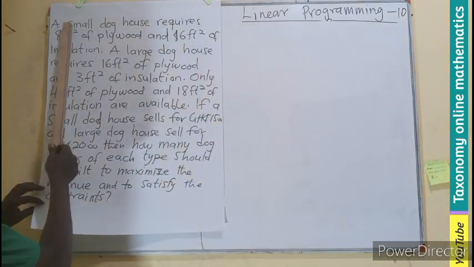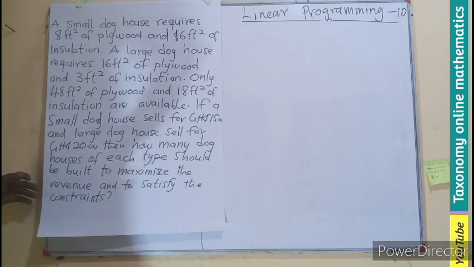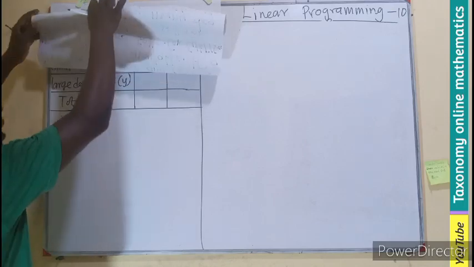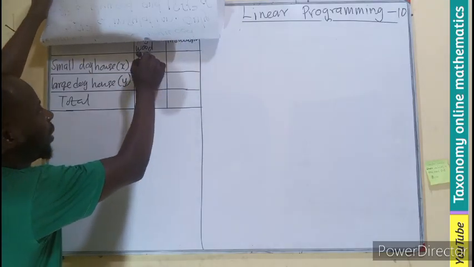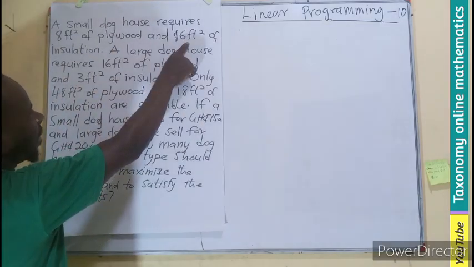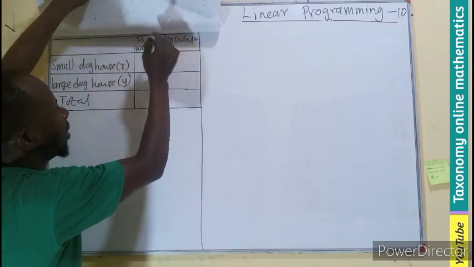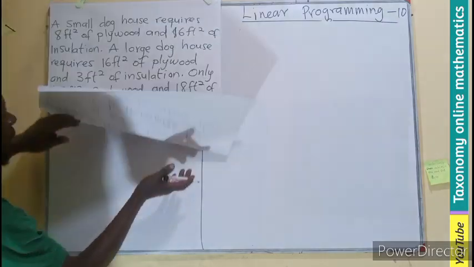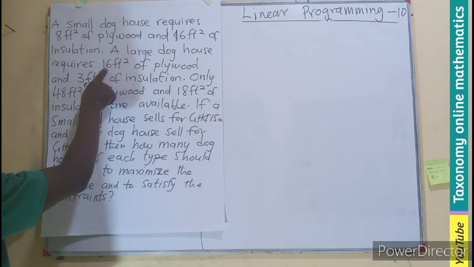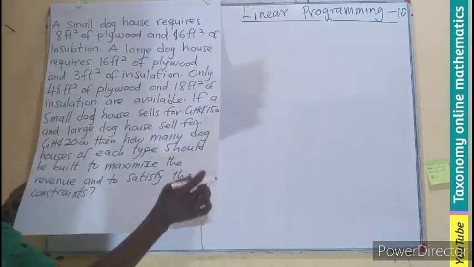If you check, the small dog house requires 8 feet square of plywood. So at this point, we indicate the 8 feet square here, which are going to be in the same unit. Then it requires 6 feet square of insulation, so we indicate the 6 also here. When it comes to a large dog house, we are using 16 feet of plywood, so we have 16.